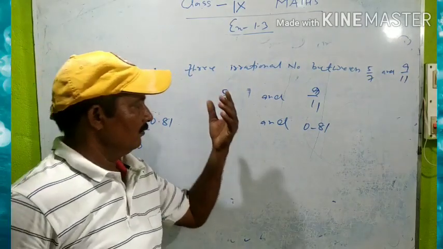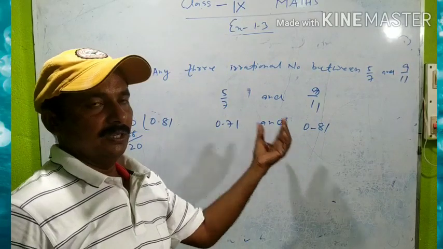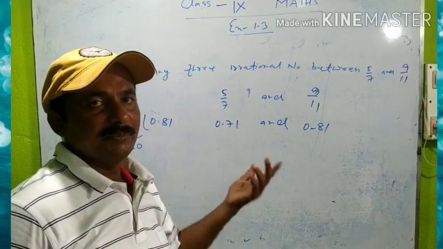Any decimal numbers between these two that we write should be non-terminating and non-repeating.